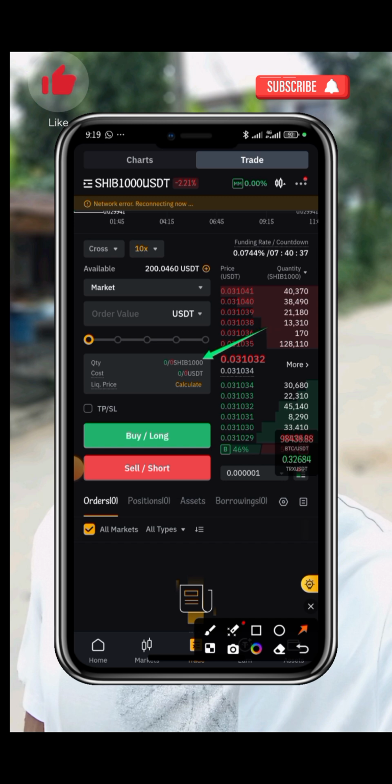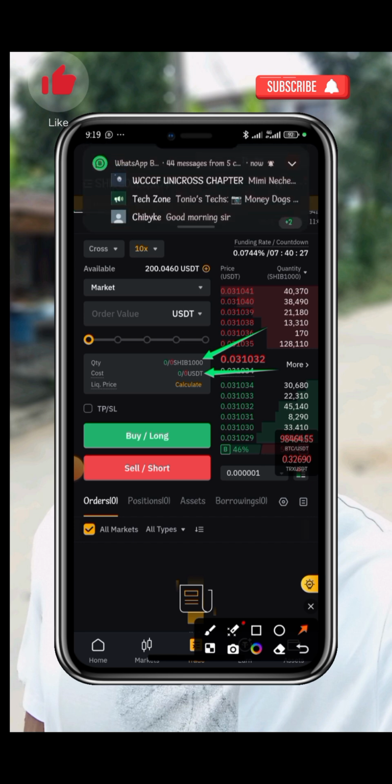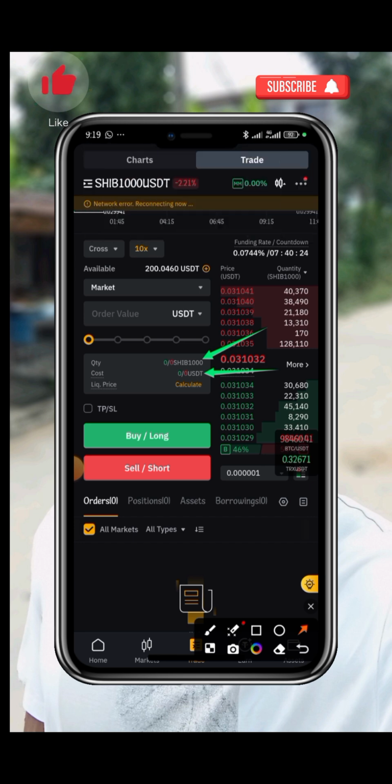This is quantity. That's the quantity, or the amount of SHIB, 1,000 SHIB, that you are using to enter this trade. Now, this is the cost of that amount of SHIB, meaning the exact amount that will be deducted from your portfolio to enter the trade. And this is your liquidation price.